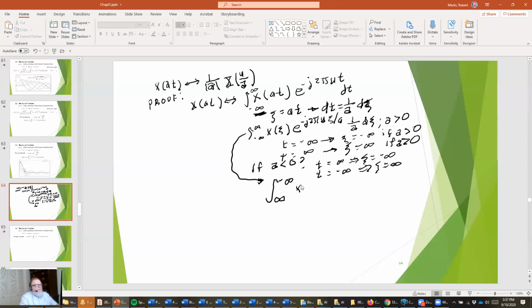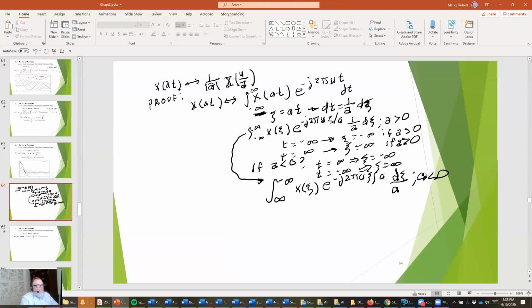of the integral, under the condition that a is less than 0.